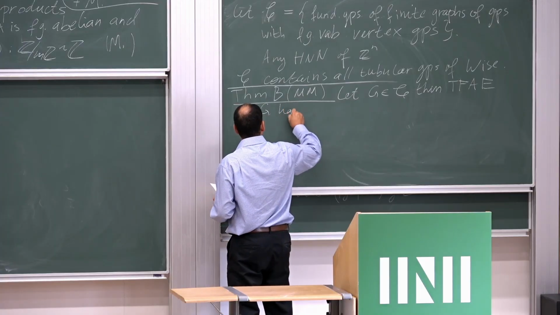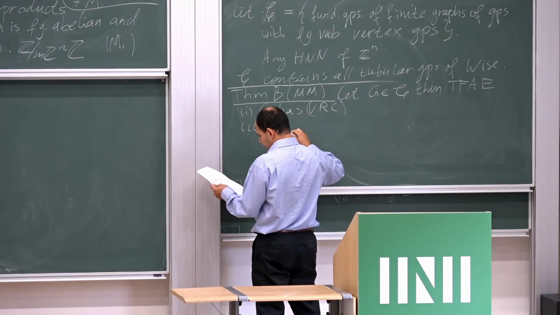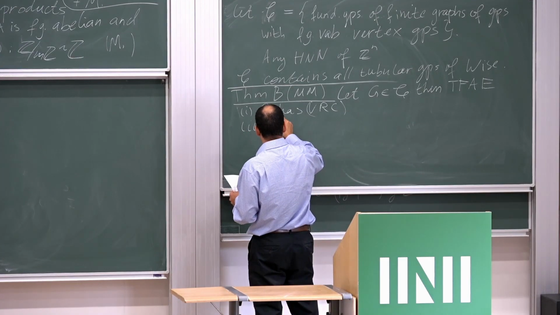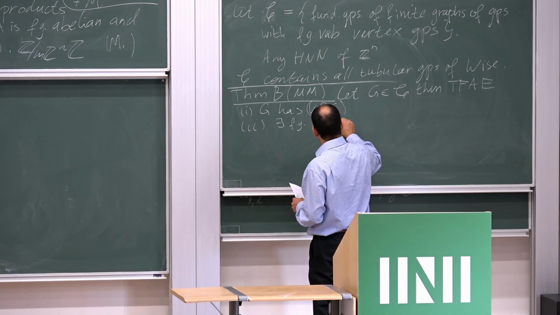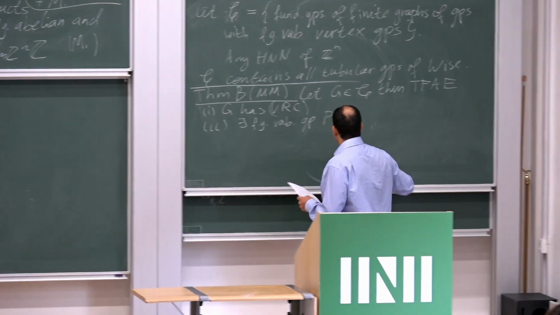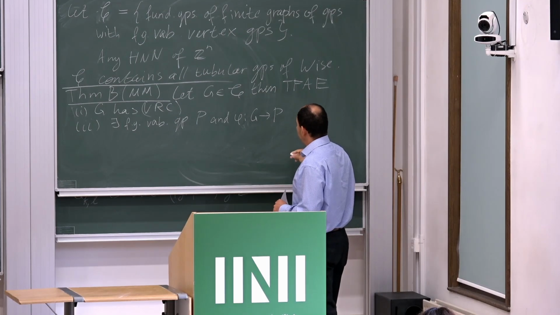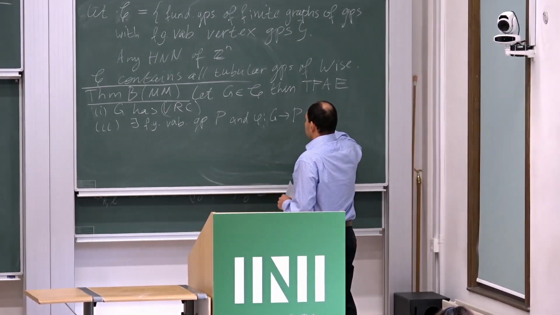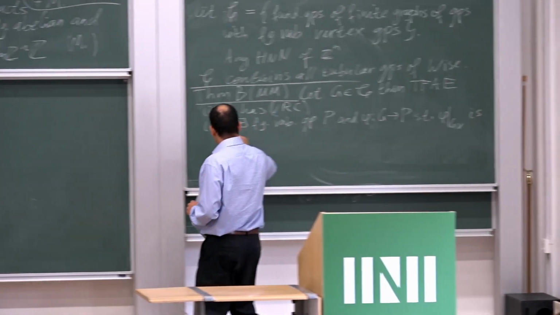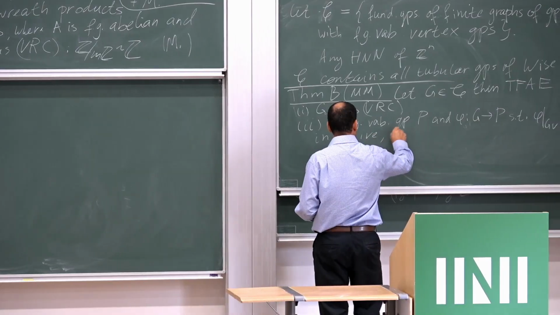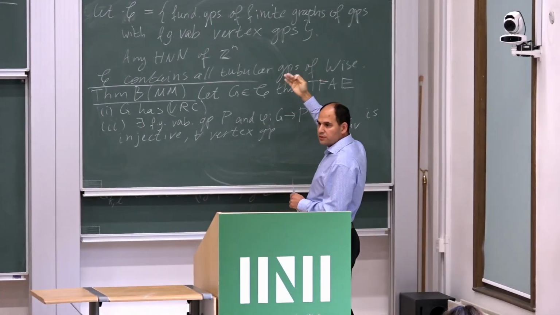So again, G has VRC if there is a finitely generated virtually abelian group P and a homomorphism which is injective on every vertex group of your graph of groups decomposition.